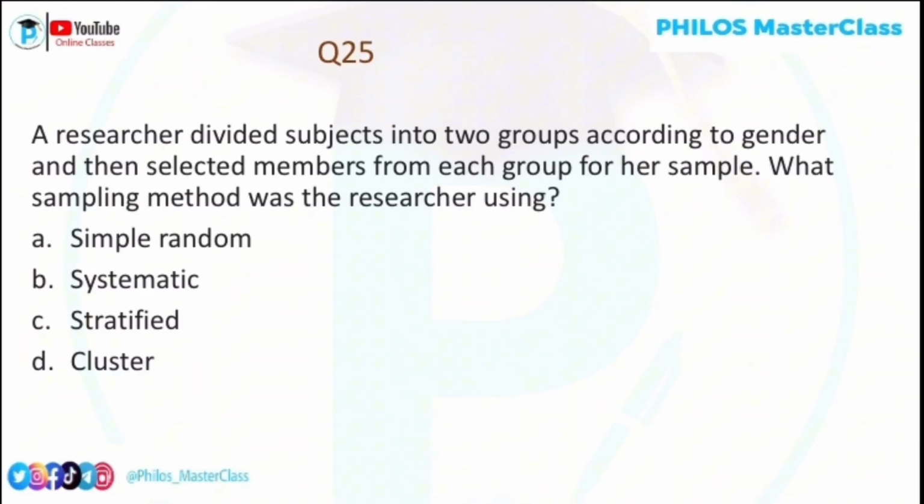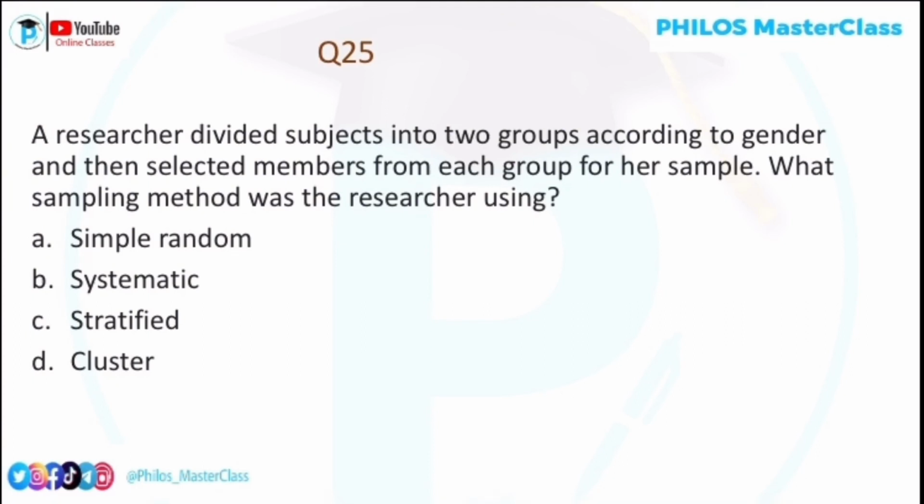This question says, a researcher divided subjects into 2 groups according to gender and then selected members from each group for her sample. What sampling method was the researcher using? Whenever you divide into groups of similar characteristics, for example gender, male and female, and you select a sample from each group using simple random sampling, then that's going to be a stratified sampling technique.